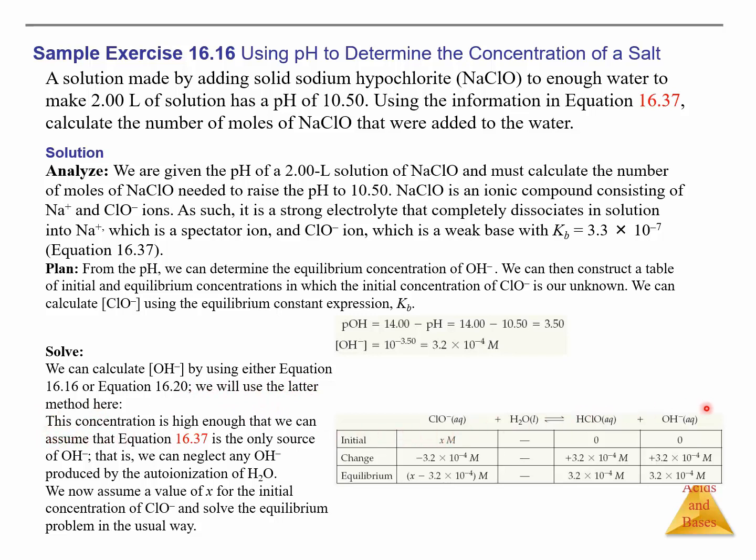We put the equation and then we construct the table. ClO- starts at X molar, and the products start at 0 and 0. So the change is minus this amount, plus this amount, plus the same amount. Then the equilibrium will be X minus these amounts.